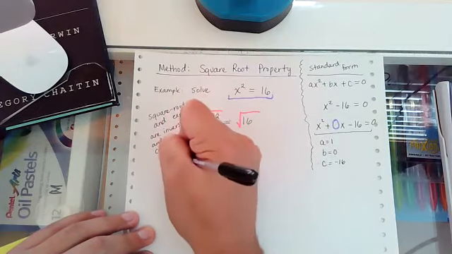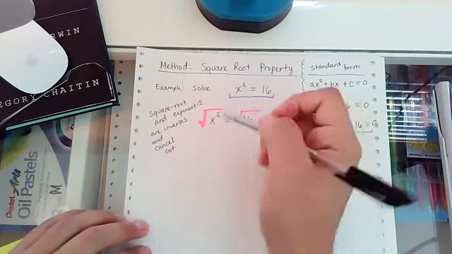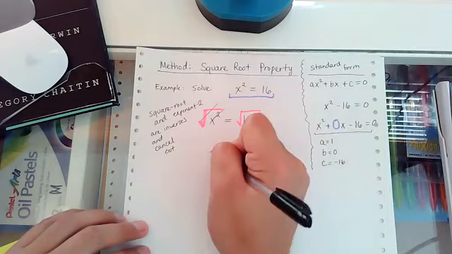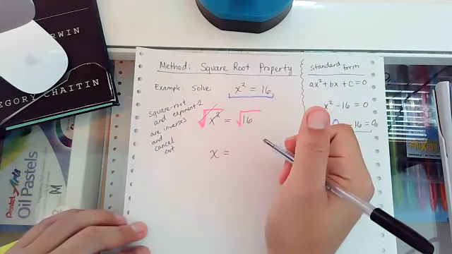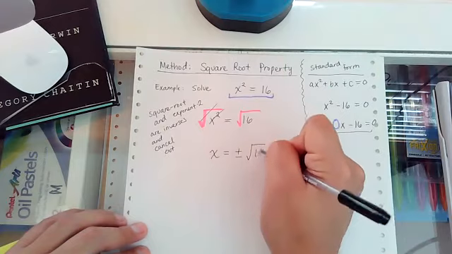They cancel out. So as long as I remember how the square root property works, I can say this cancels with this. X is equal to plus or minus the square root of 16.